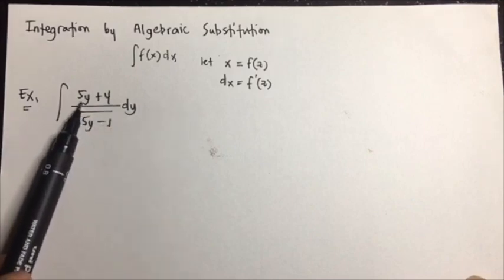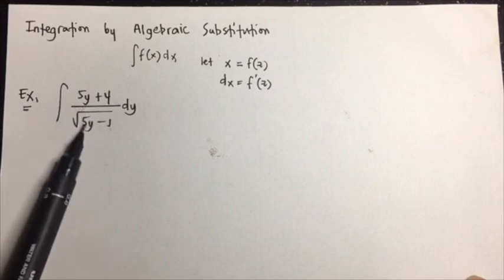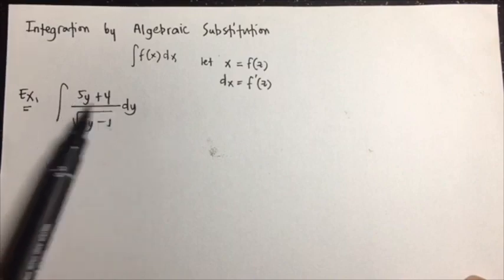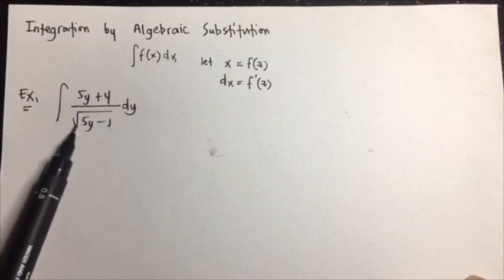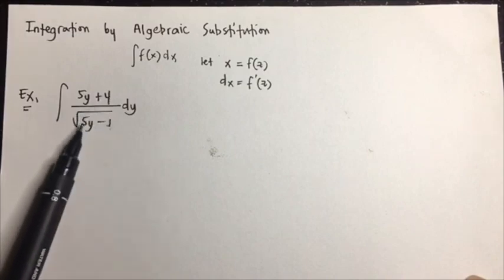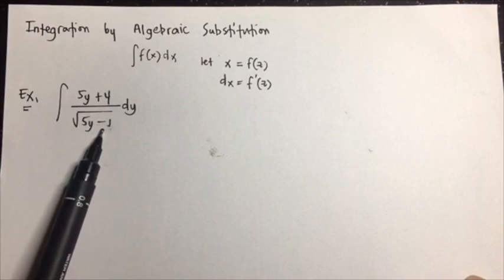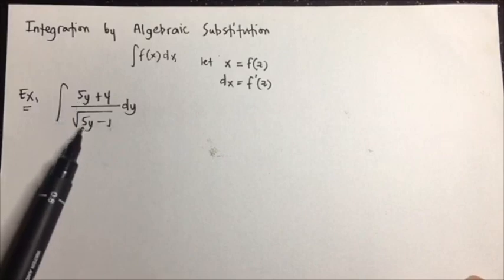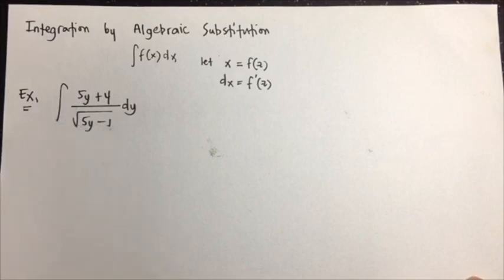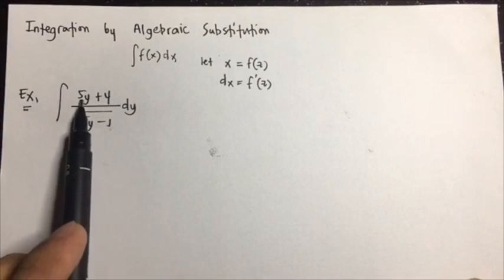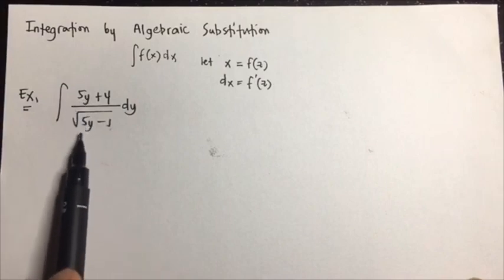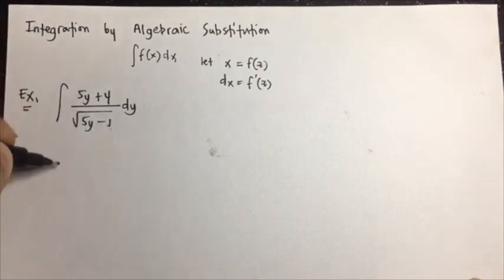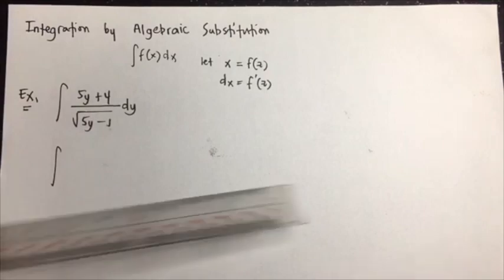So to solve this problem, as you notice, it's fairly difficult. If we separate the terms, we will have 5y over square root of 5y minus 1 plus 4 over square root of 5y minus 1. It's still quite difficult to integrate, especially the first term, 5y over the square root of 5y minus 1. So since we already have 5y here, we can copy the form of the function inside the integrand.